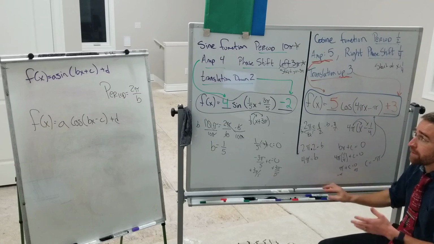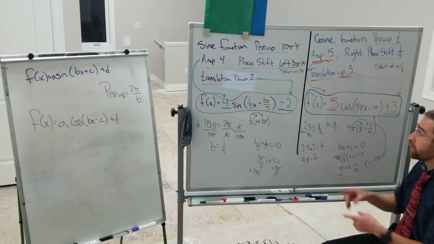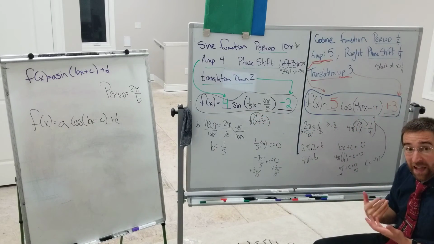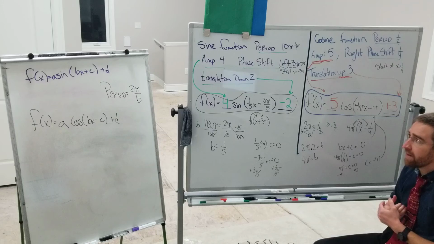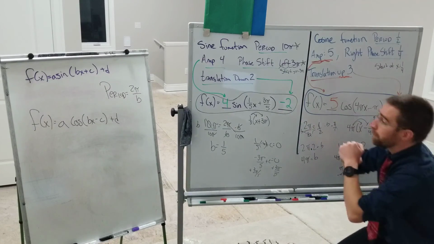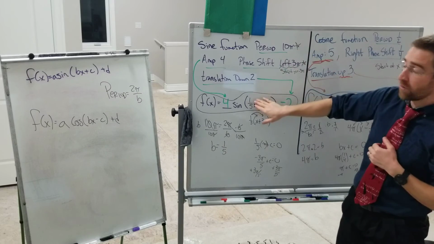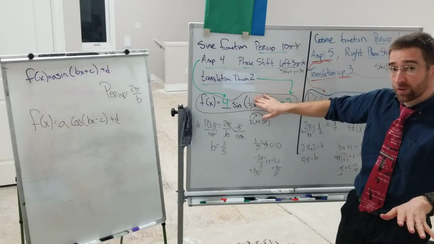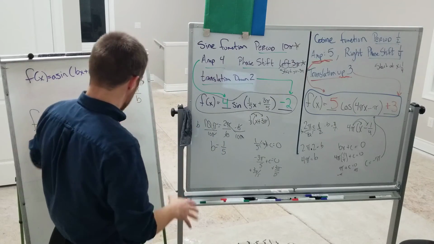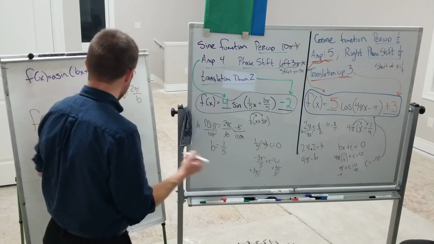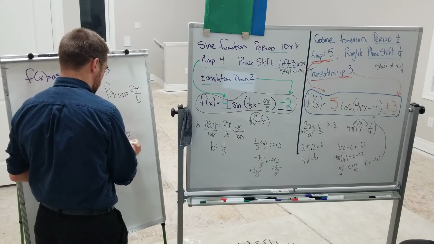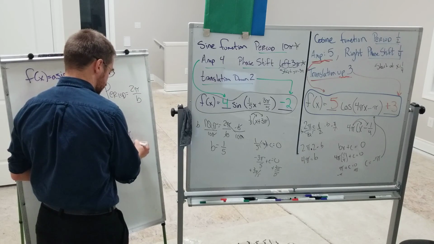So quick recap of these problems. The amplitude tells you your a value. The translation up or down, or the midline value, the y equals number for midline, tells you what you're adding or subtracting outside. Your period tells you about your b value. It's not equal to your b value. It's 2 pi divided by your b value. So you can always just go b equals 2 pi over the period value.